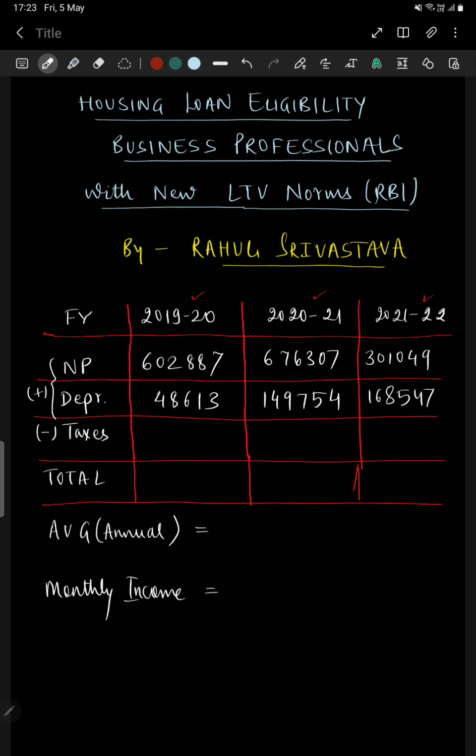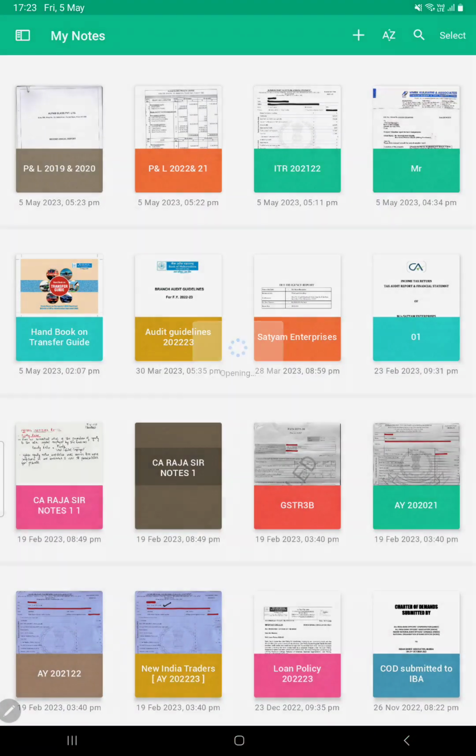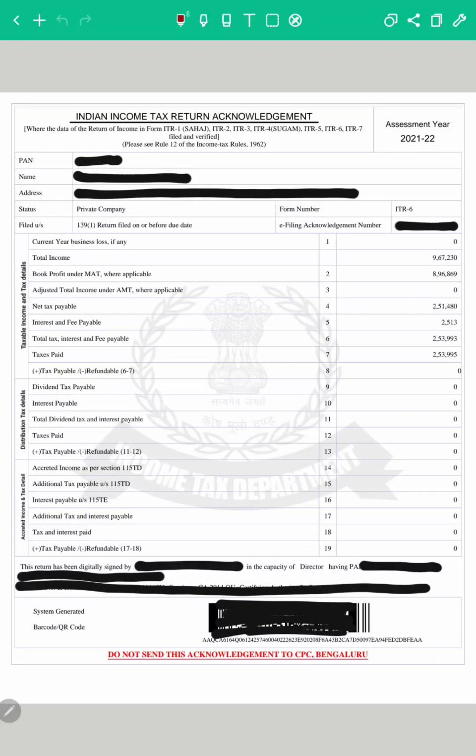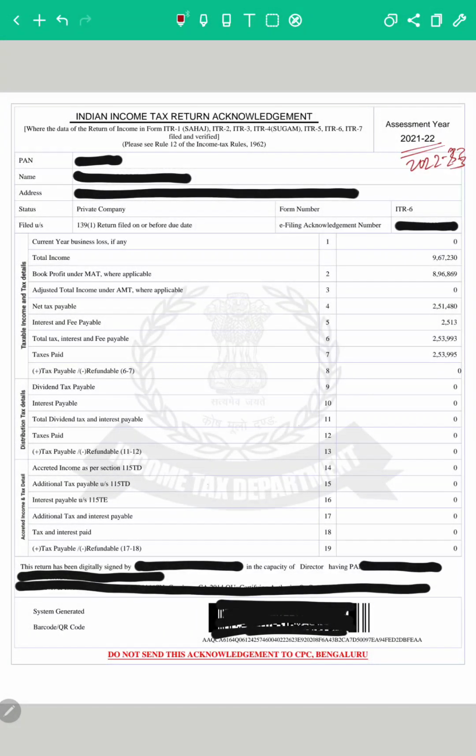So, we'll now take an example for this. Now, suppose the customer has submitted the return for assessment year 22-23, right? Let us suppose this is for assessment year 22-23, so that our calculation becomes easy. Now here you can see the taxes paid is 2,53,995.